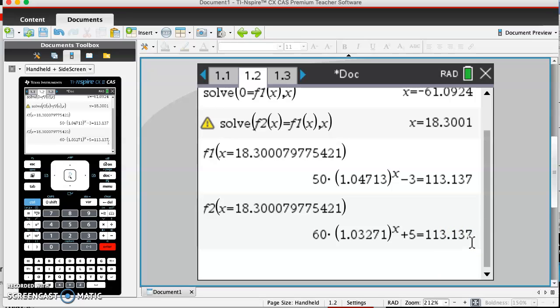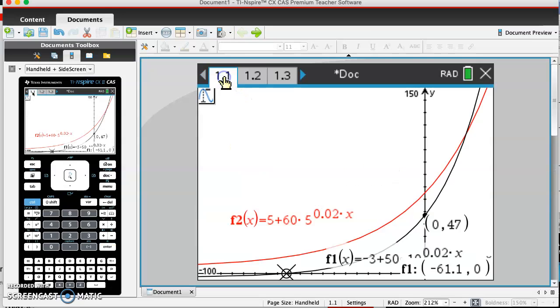One more last thing to note is that these two functions look a little bit different to the functions that I typed in. The functions that I typed in were 60 times 5 to the power of 0.02, and the other one was 10 to the power of 0.02.